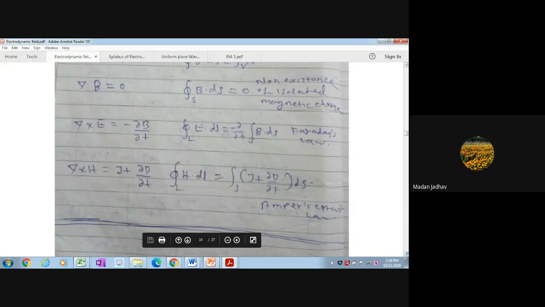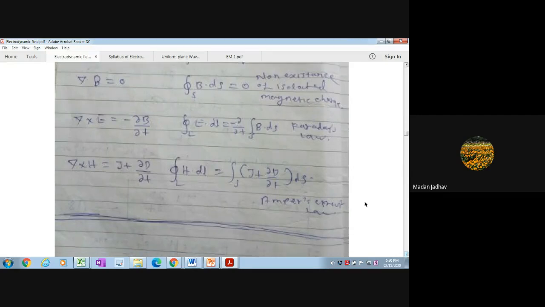Now this is the physical significance, or the interpretation, of Maxwell's equations.